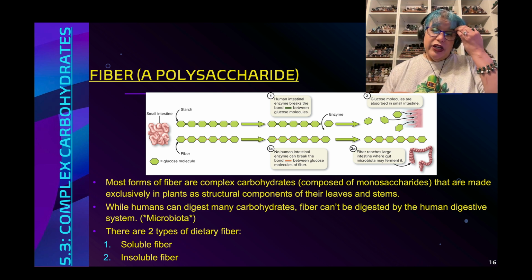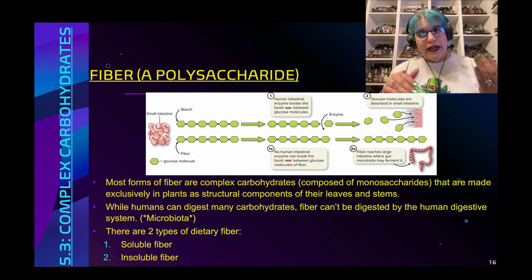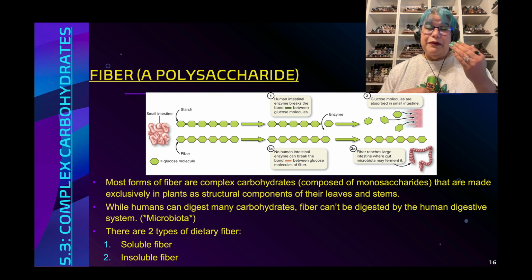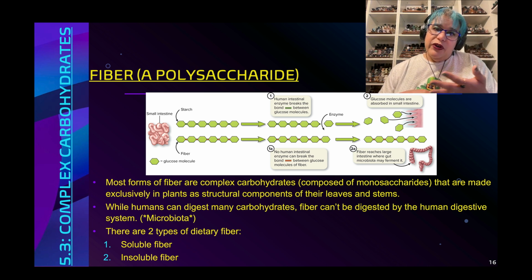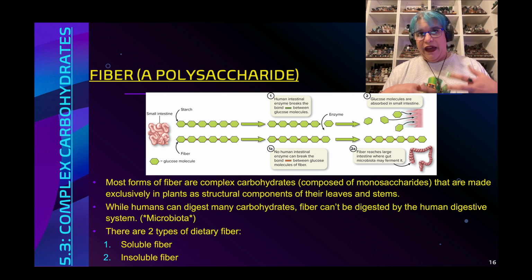While humans can digest many carbohydrates, fiber is not one of them. Our digestive system cannot do anything with it. We create no enzymes that can break down fiber. The microbiota in our gut, however, can. And that's sometimes how we get gassy after we've had a bunch of plant food, because they are breaking it down, not us.